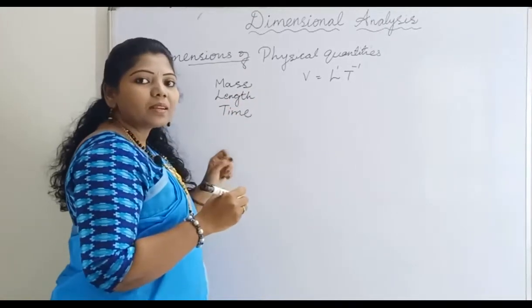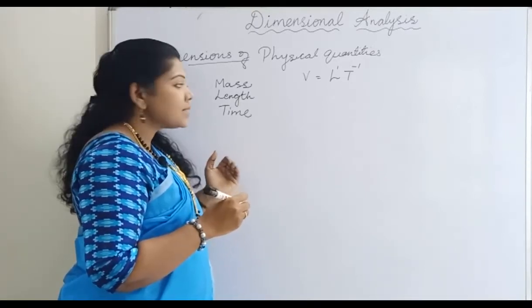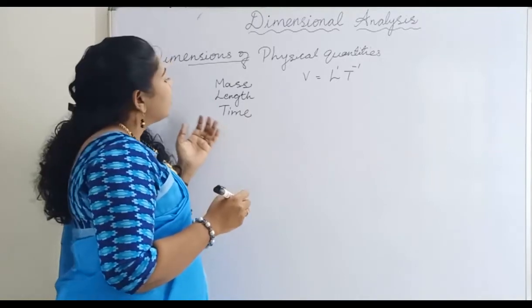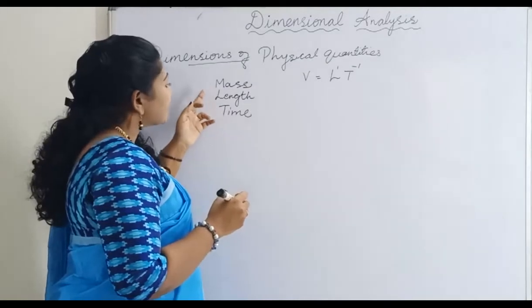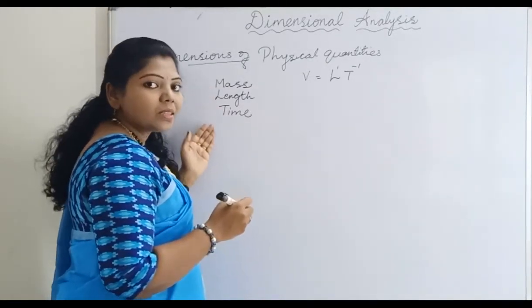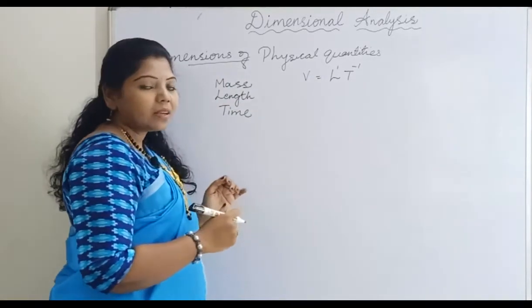So the physical quantities can be represented in terms of three fundamental quantities: mass, length and time. Using the dimensions of these quantities, we can write the dimensions of the physical quantities.